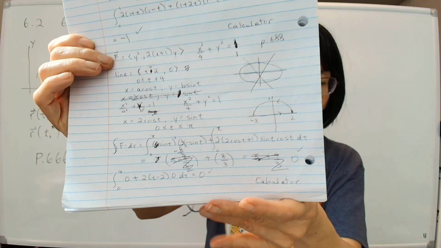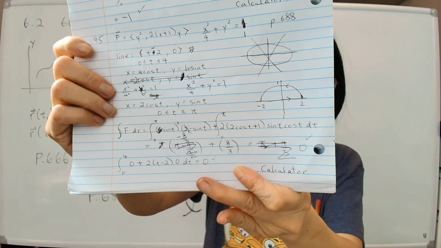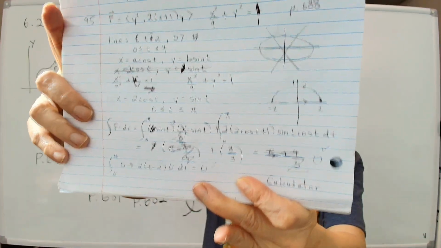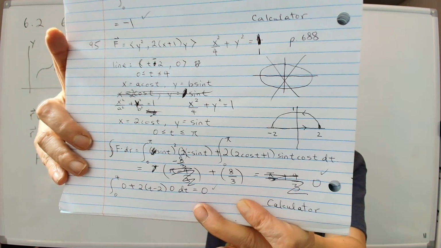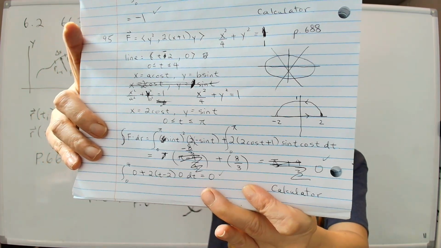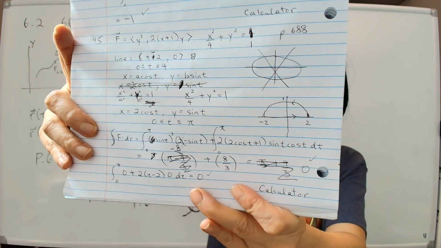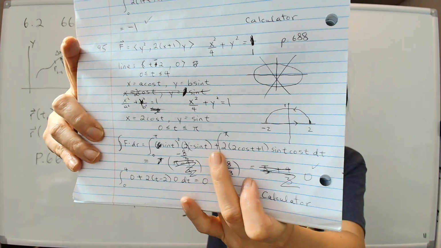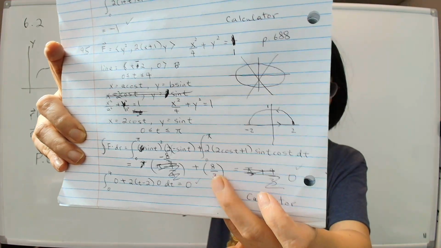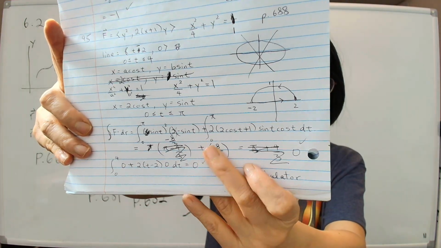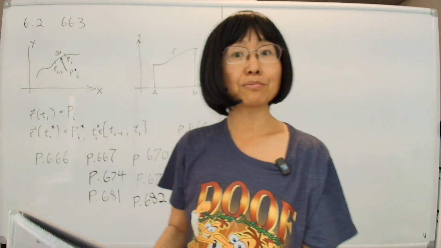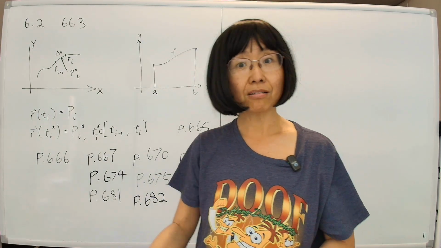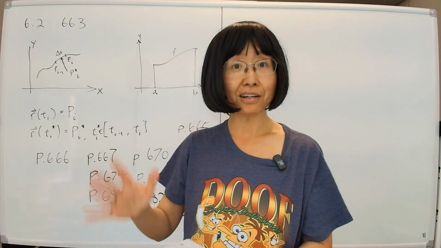Once I got all this stuff out, the next thing is to write down the formula of the integral of F dot dr. If you do it very carefully and don't mess up, which I think I did at first, I got into a mess. But eventually I didn't mess up, so I plugged this thing into the Desmos calculator, and the calculator couldn't do it. It was too long or something.